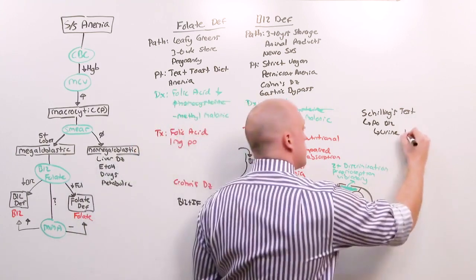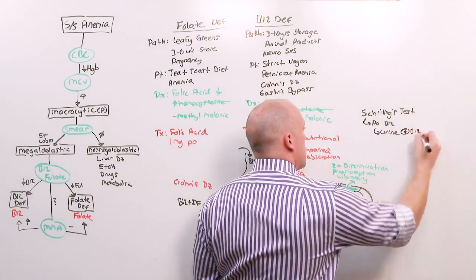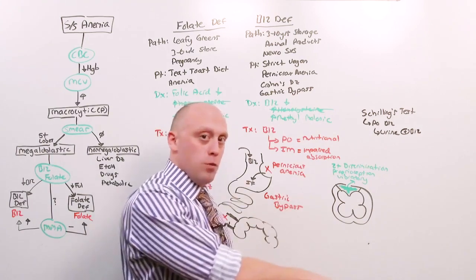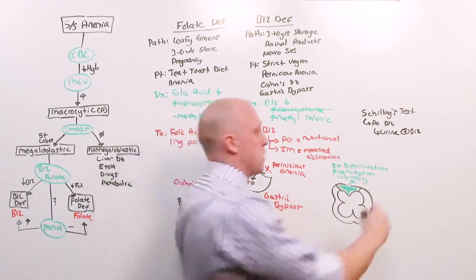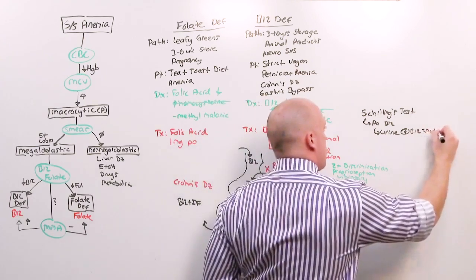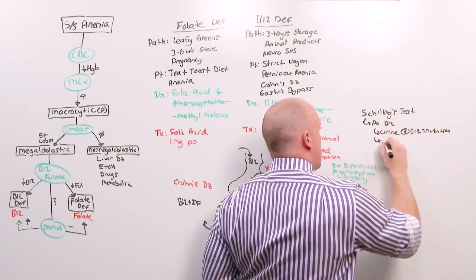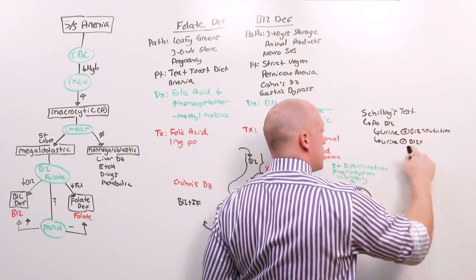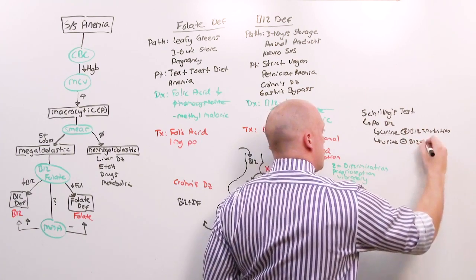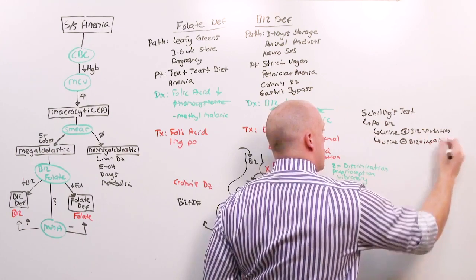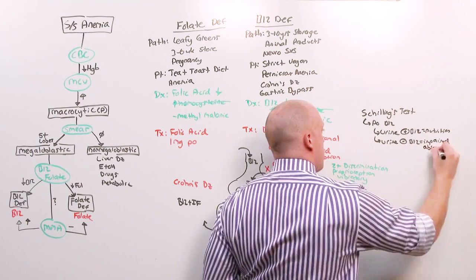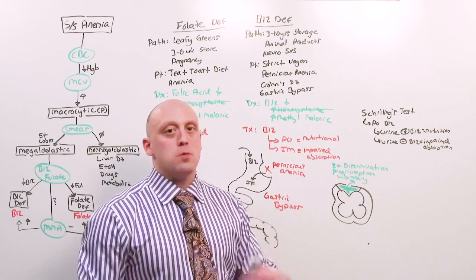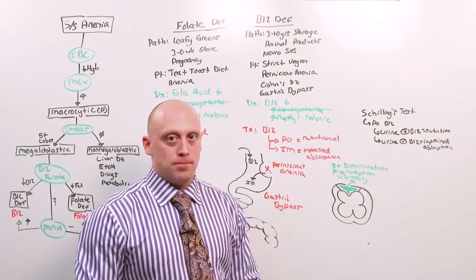If the urine is positive for B12, they were able to absorb it, so the previous problem was just nutritional deficiency. If the urine is negative, they were not able to absorb the oral B12 you just gave them, so they have an impaired absorption. Do not pick the Schilling's test as the next step, but you may be asked to interpret it.